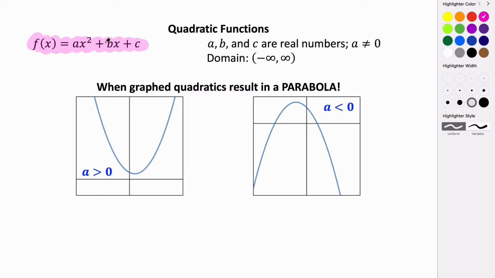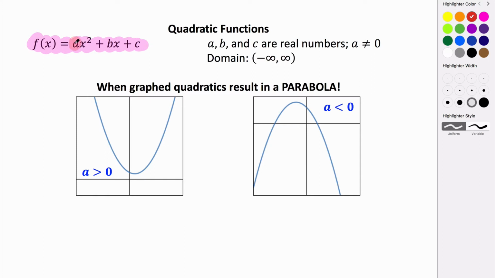This form right here is called the standard form of a quadratic function, and we can actually get a lot of information from the standard form. The first thing that we typically look at when we're trying to figure out how to graph a quadratic function is the value of a.